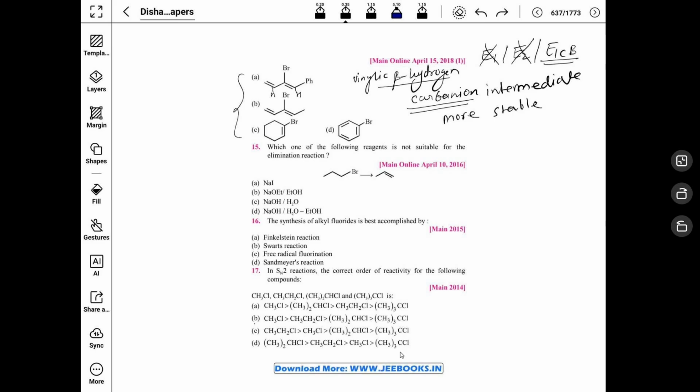So after removal of this, the negative charge will come here, and this negative charge can easily delocalize over this vinyl ring to stabilize it. In this case also the negative charge can be stabilized through the sp2 electronegativity of this carbon, and through resonance also.